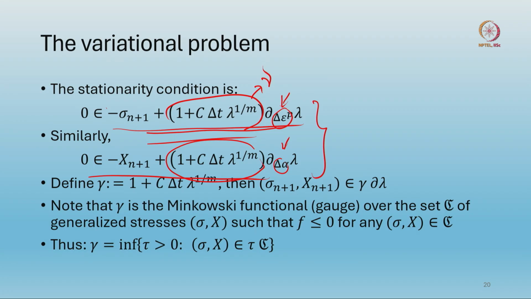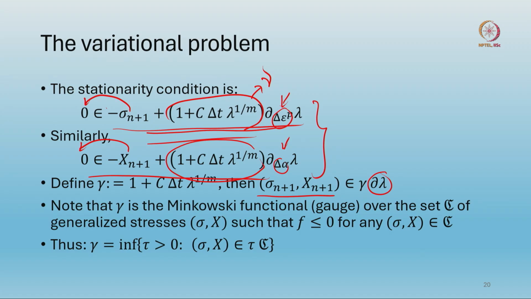Therefore, what do we have? You take sigma n plus 1 this side, x n plus 1 this side. We basically have that sigma n plus 1 and x n plus 1 must belong to, or equal to, if everything is smooth, gamma times the subdifferential of lambda, that is now with respect to the combined delta epsilon p and delta alpha, the combined incremental internal variables.